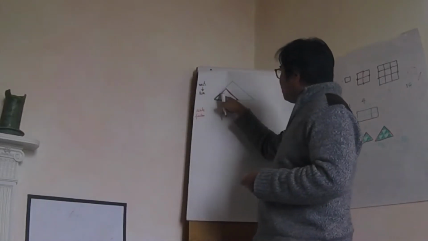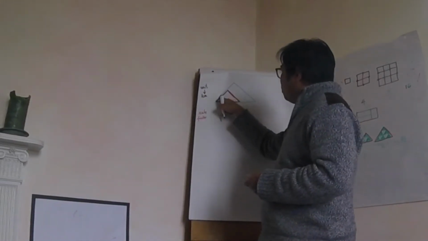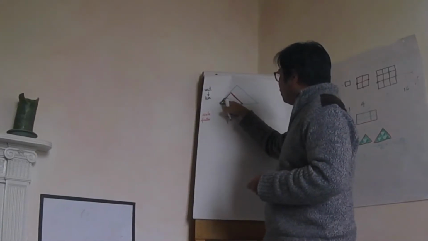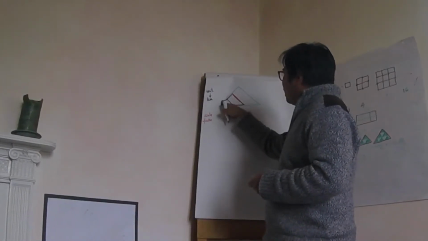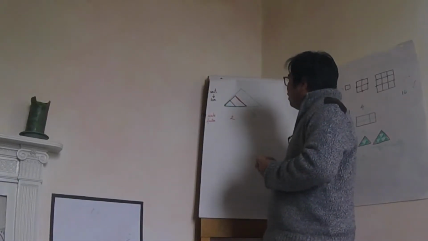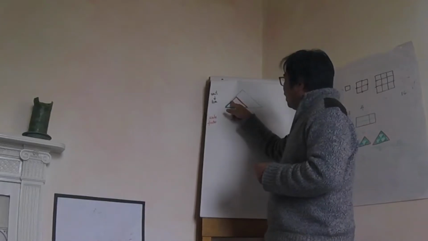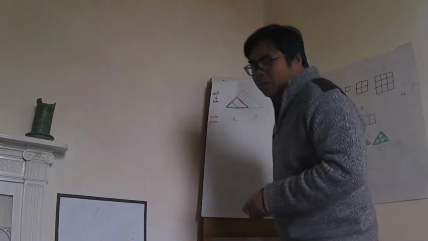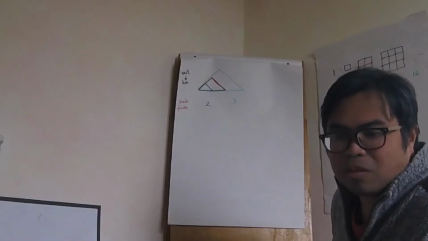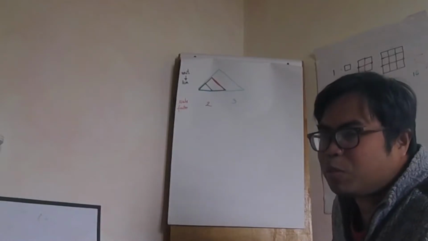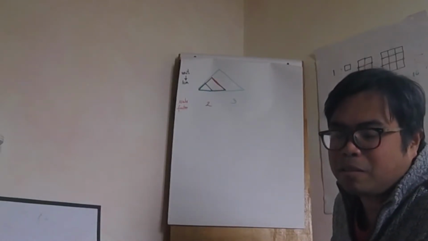If this is 1 centimeter here, 1 centimeter here, and 1 centimeter here, what is the total length of the sides of the triangle? It's 3 centimeters. Now that 3 centimeters, there's a special name for that in maths.